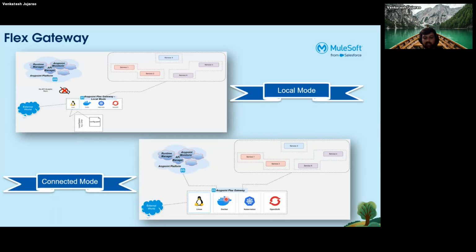This synchronization between the instance where we install Flex Gateway and Anypoint Platform is available. But in local mode, this connection won't be available. All the configuration, including policy-specific configuration, is maintained in a config.yaml file.